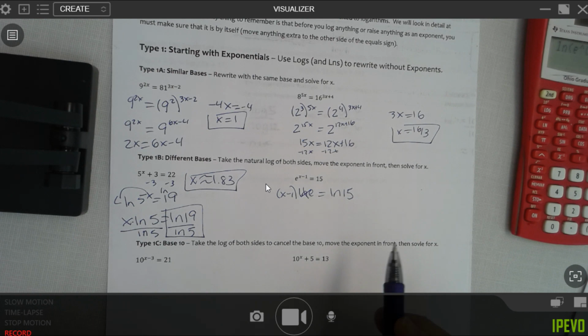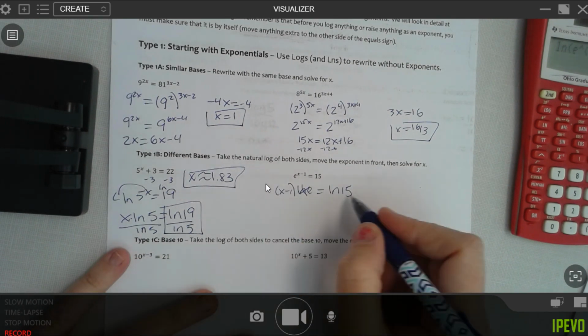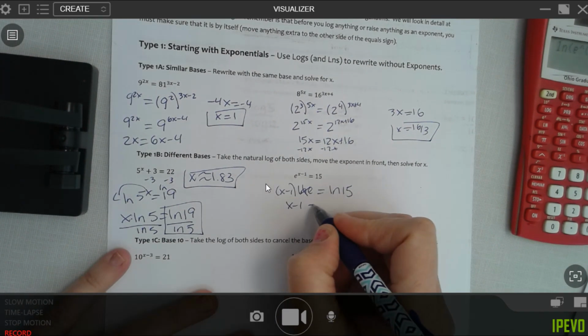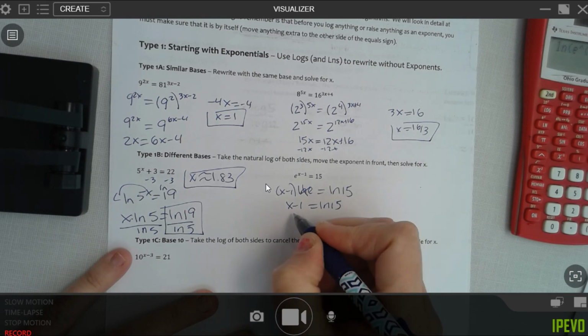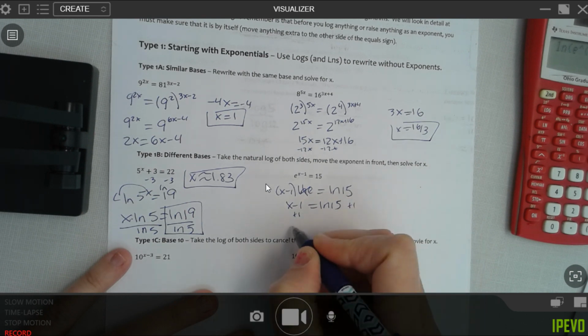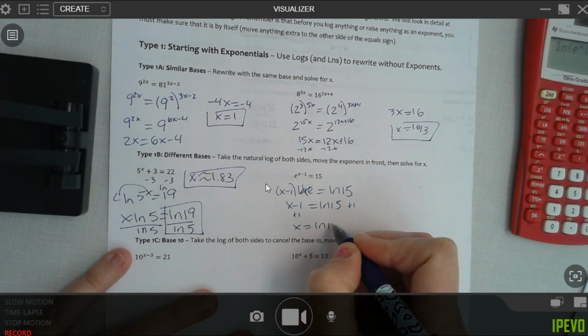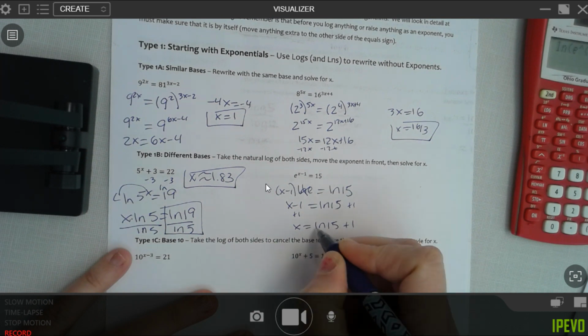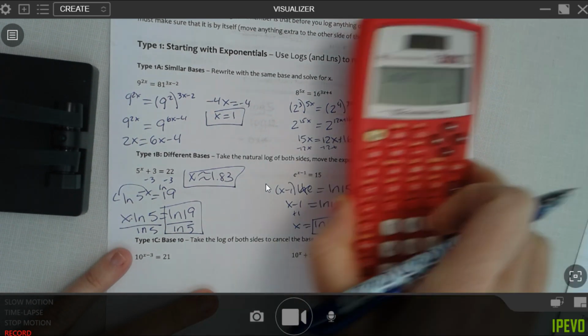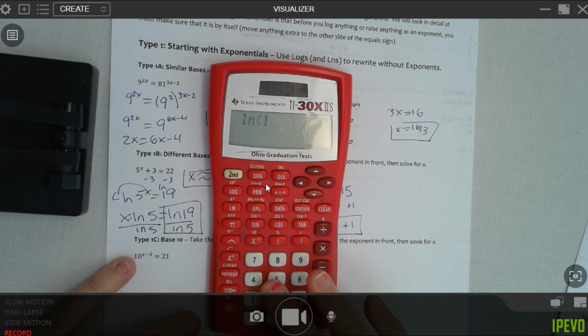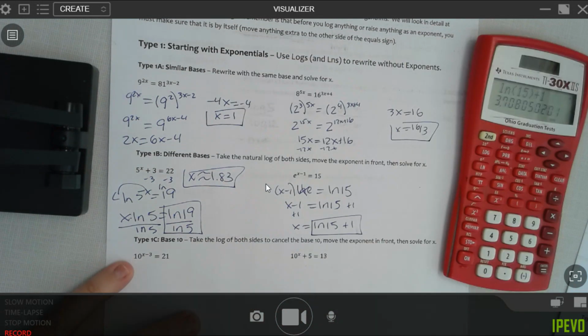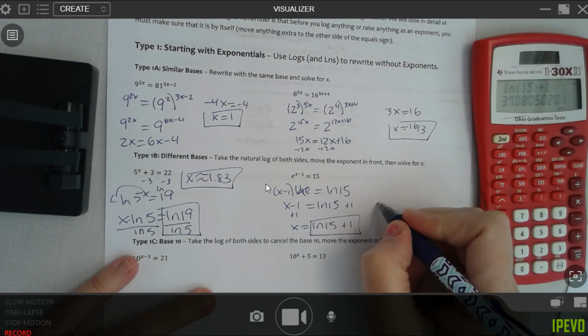So I'd have x minus 1 equals natural log of 15. And I just have to add 1. And you don't actually add it to the natural log because this is a term on its own. So you'd have this answer here, or I could type natural log of 15 plus 1 in my calculator, and I get about 3.71.